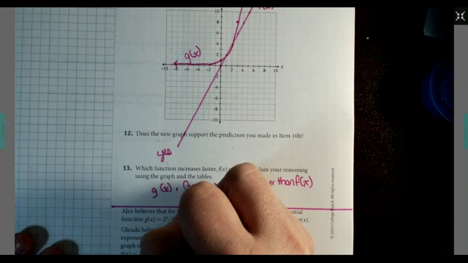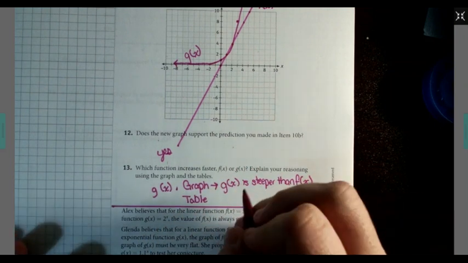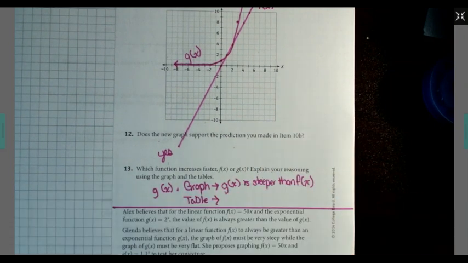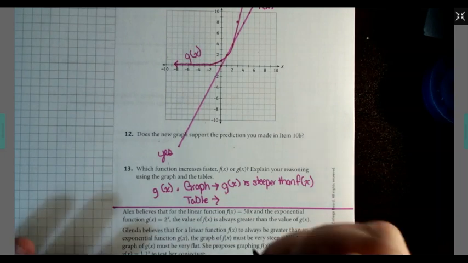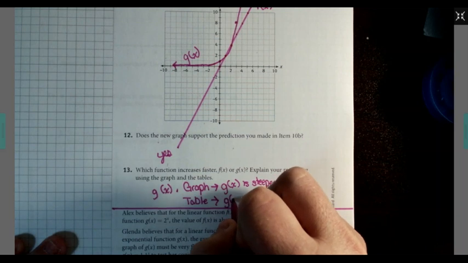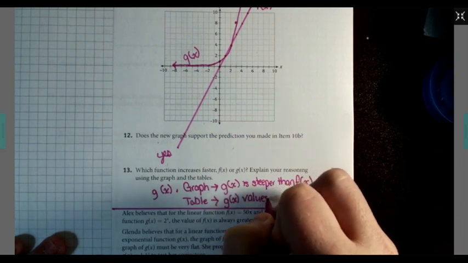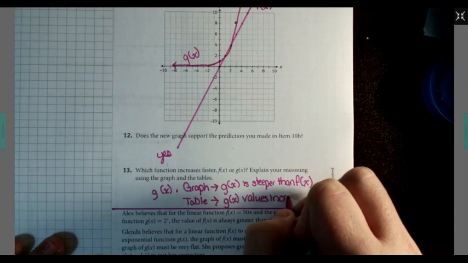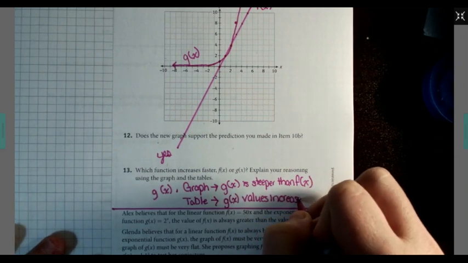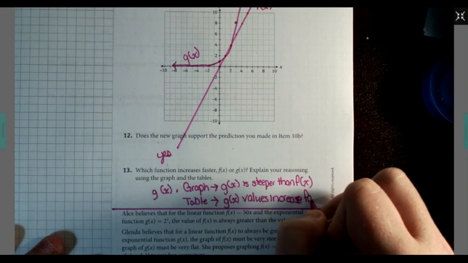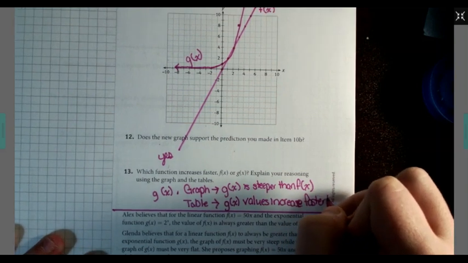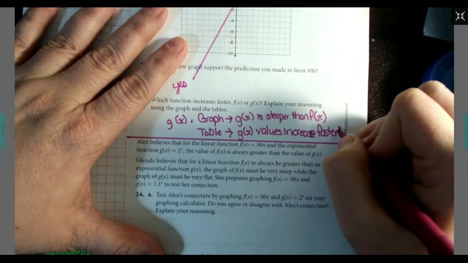If I look at the table, g of x values increase faster than f of x.